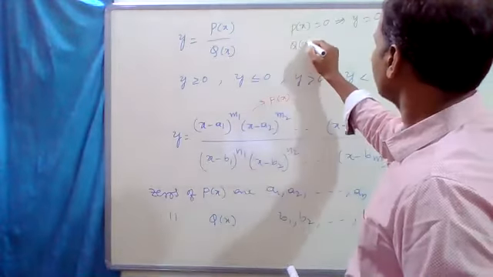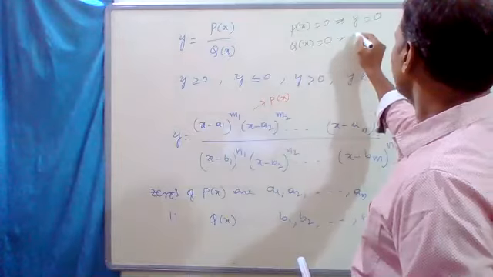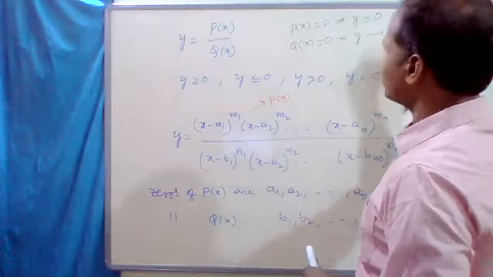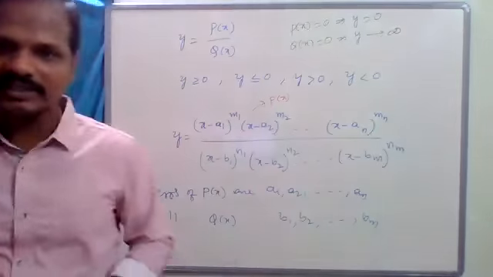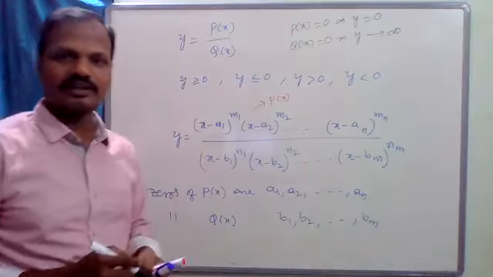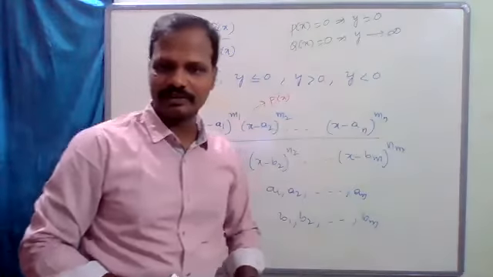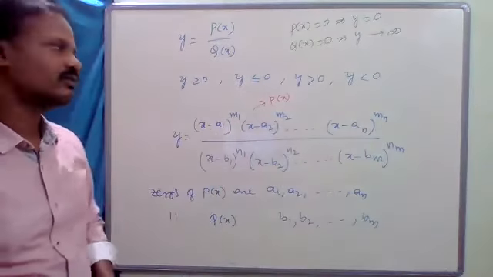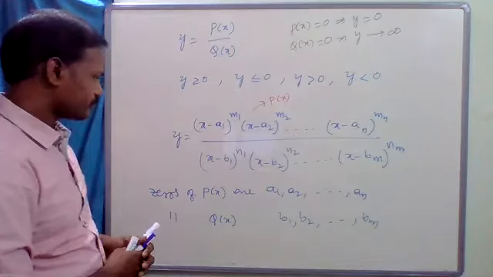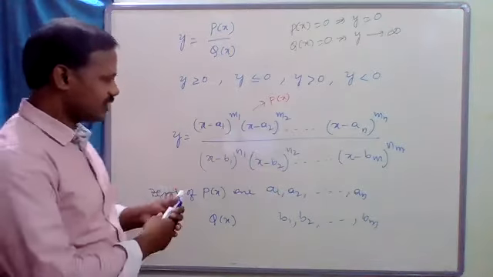If q of x equals 0, y tends to infinity, because denominator 0 means something by 0, which is infinity. Fine?